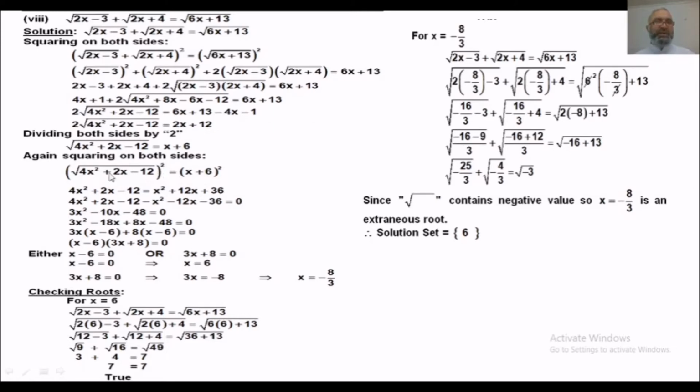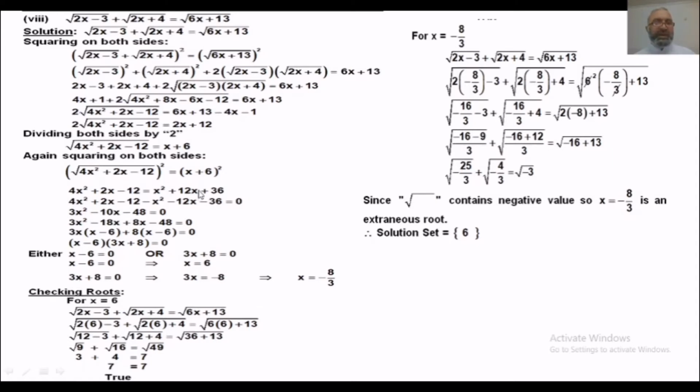On the left side, square and square root cancel, we get 4x square plus 2x minus 12. On the right side again we expand by a plus b whole square form. So expanding by the a plus b formula, we get a square plus b square plus 2ab, that is x square plus 12x plus 36.